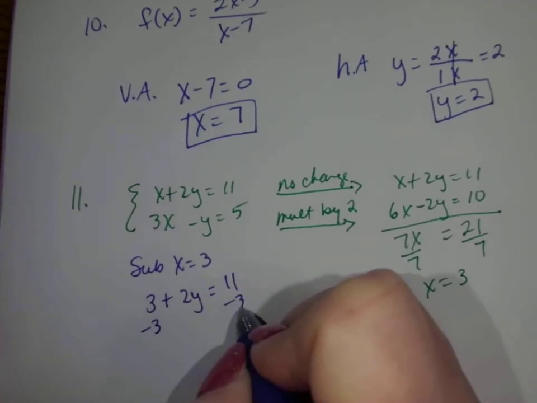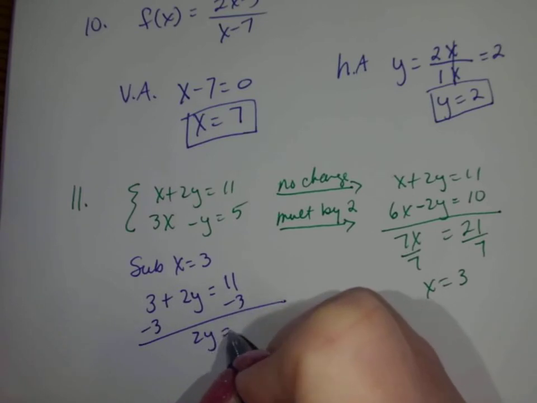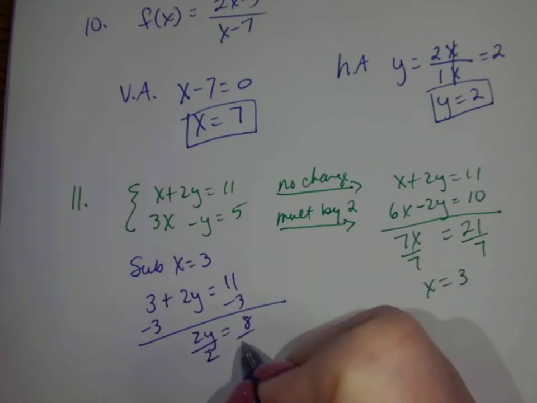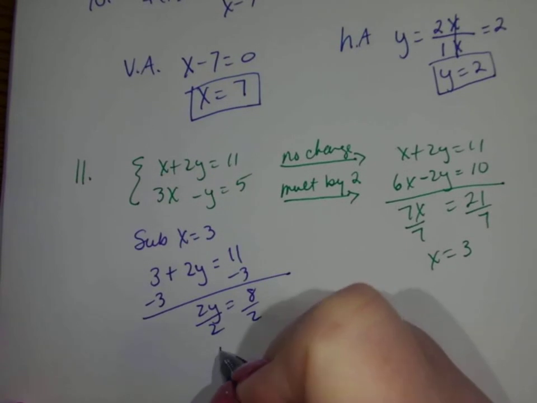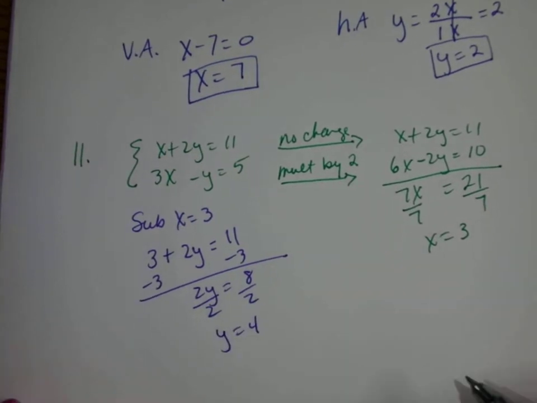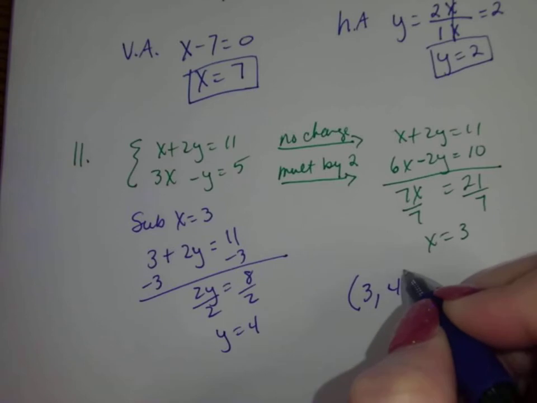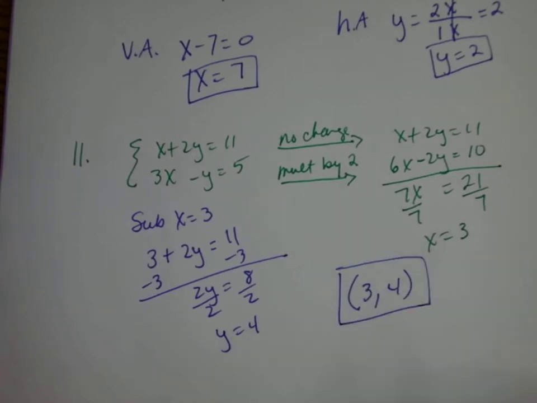Subtract my 3 over, I get 2y equal to 11 minus 3 will get us 8. Divide by 2, and we get y equal to 4. So the answer is an ordered pair of 3, 4. All right, so that's using the addition or elimination. You could also do substitution, but I'm just going to do the addition one on here.